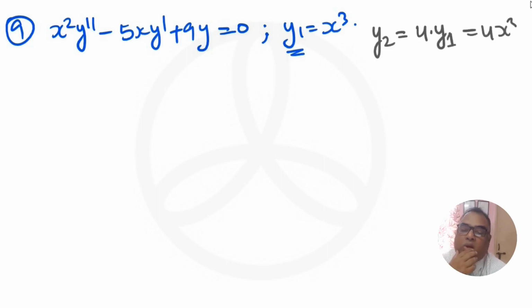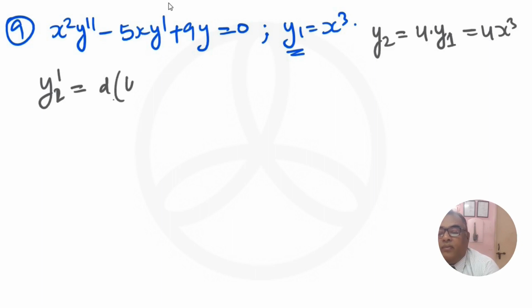Now, in order to substitute y2 into this, we need to find out the first prime and second prime of this. So we will have first prime of y2 is equal to derivative of u y1.